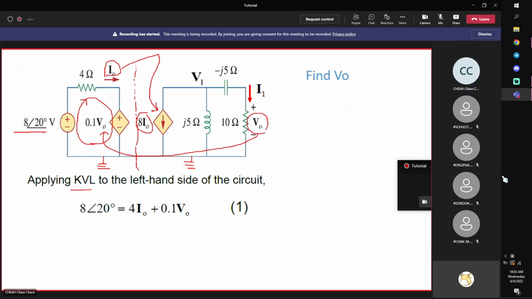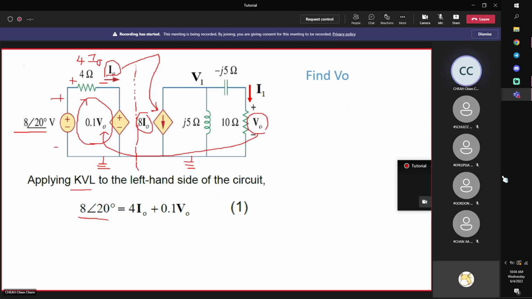Firstly, voltage across this source is known, 8∠0. This is the voltage across this source. Over here, we know that this is the voltage across the 4 ohm resistor, by Ohm's law, 4I0.